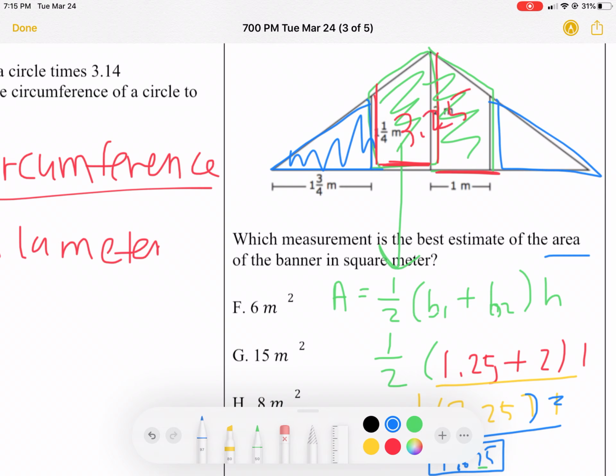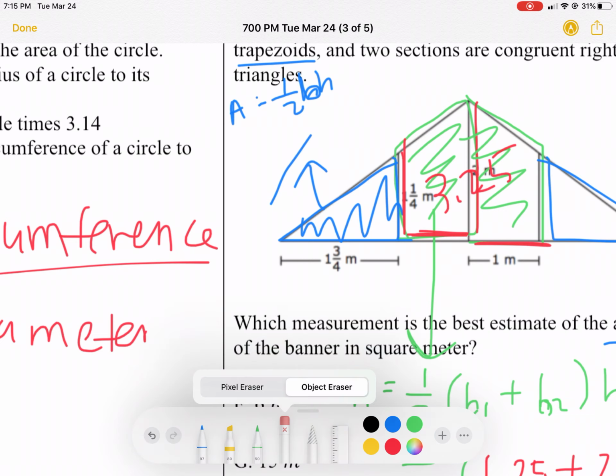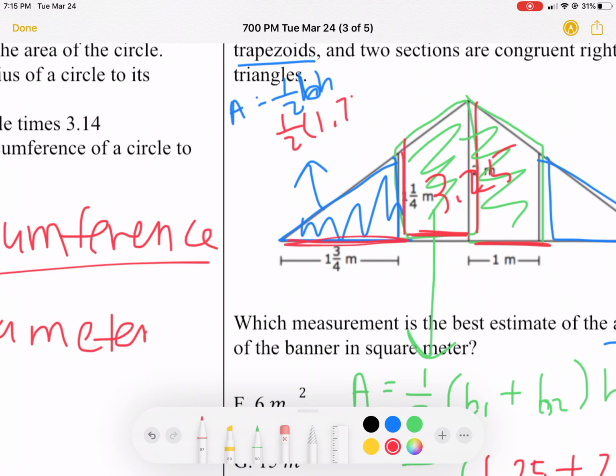Now let's find the area of the triangle, which is going to be base times height divided by 2. All right. So base of the triangle is 1 3/4, which is same as 1.75, times the height is 1.25.